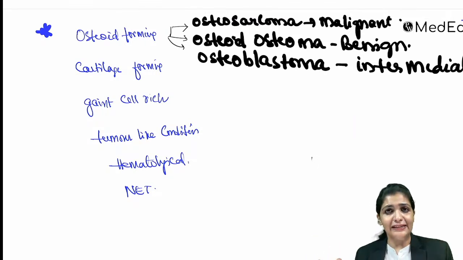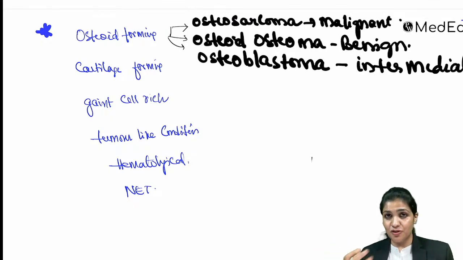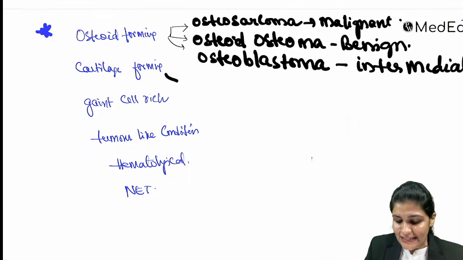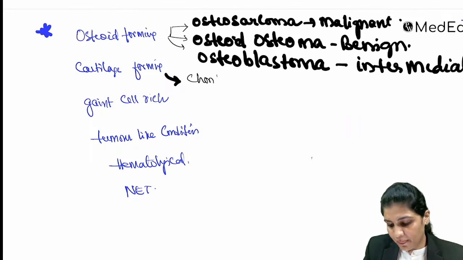When it is a malignant tumor, this is osteosarcoma; if it is intermediate, it is osteoblastoma; and if it is benign, it is osteoid osteoma. And then cartilage, similarly you have chondroblastoma, which is the intermediate, and chondrosarcoma, which is the malignant.